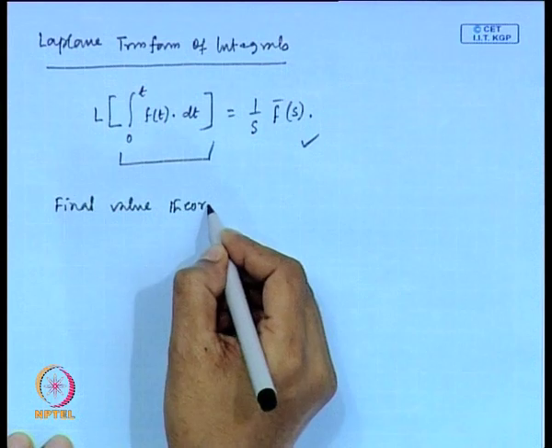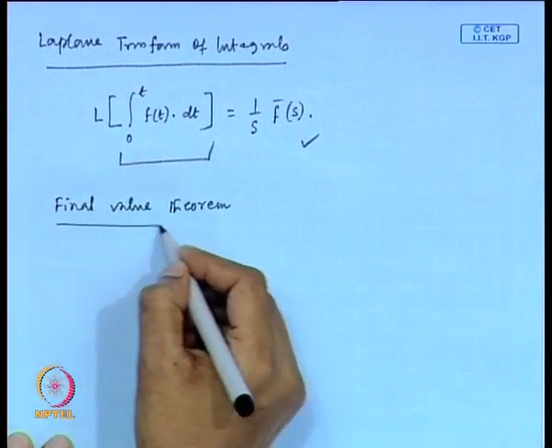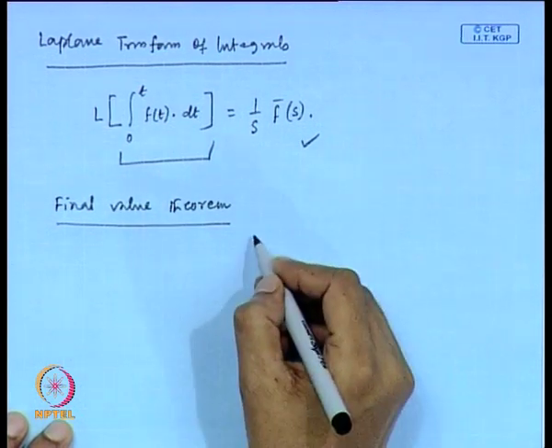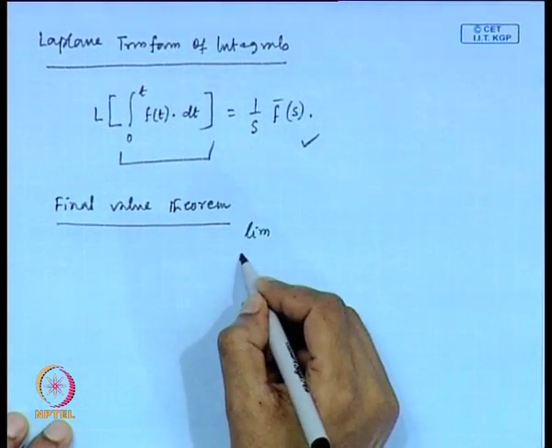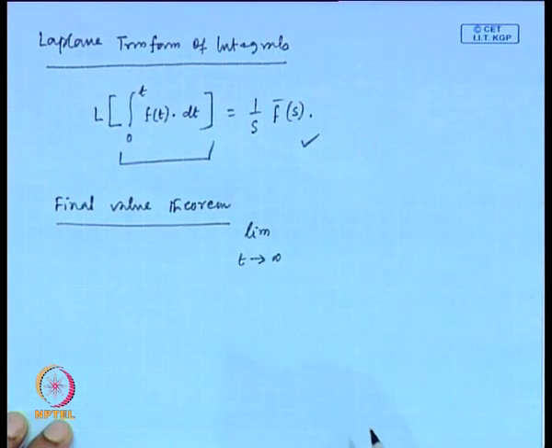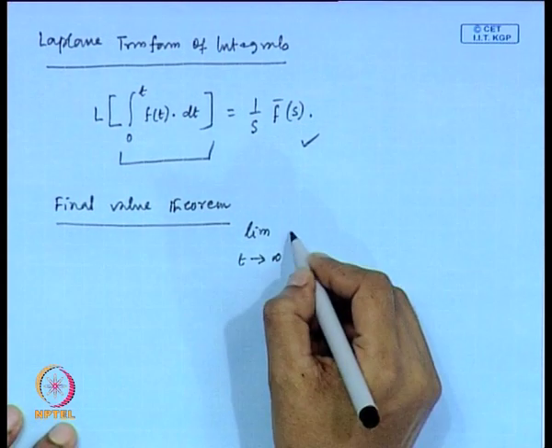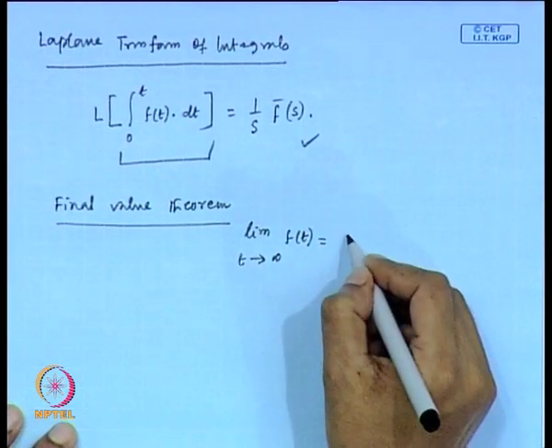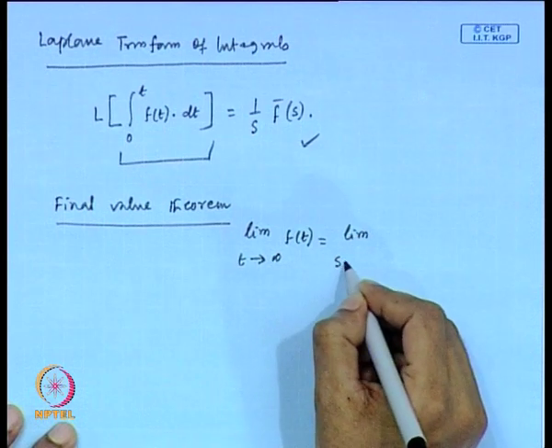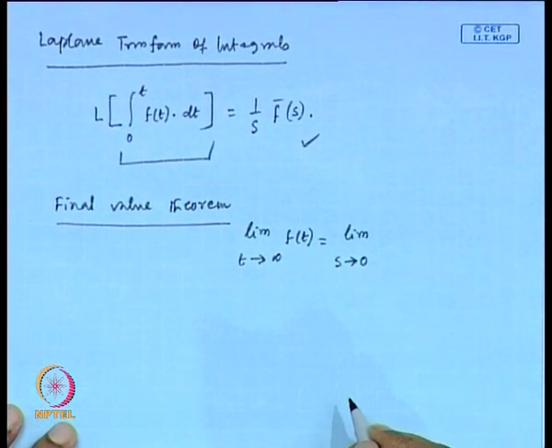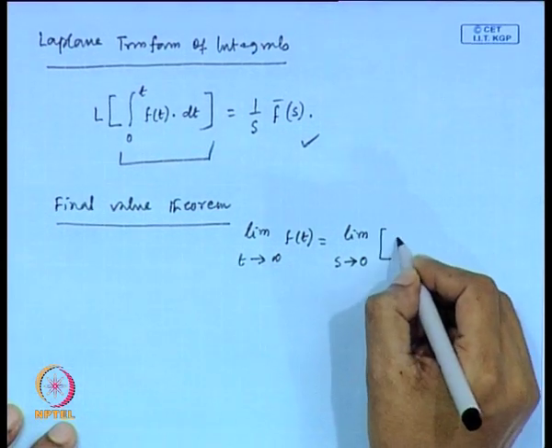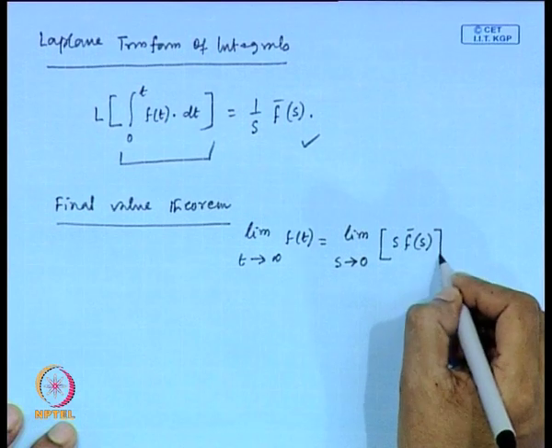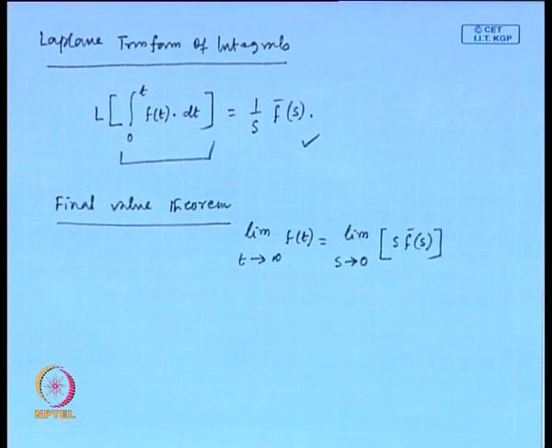The final value theorem is the limit t tends to infinity of f(t) equal to the limit s tends to 0 of s F bar(s).